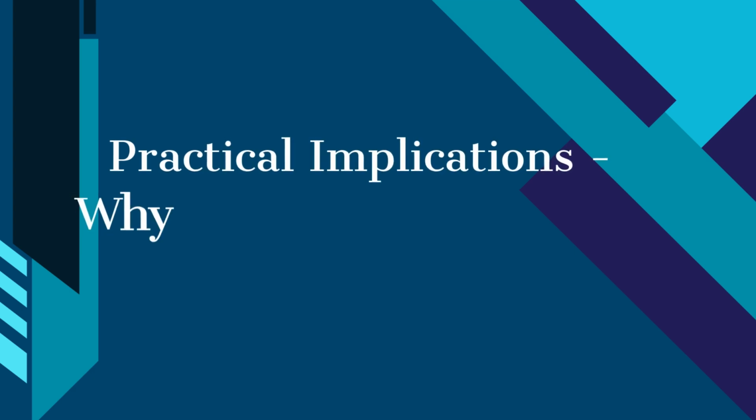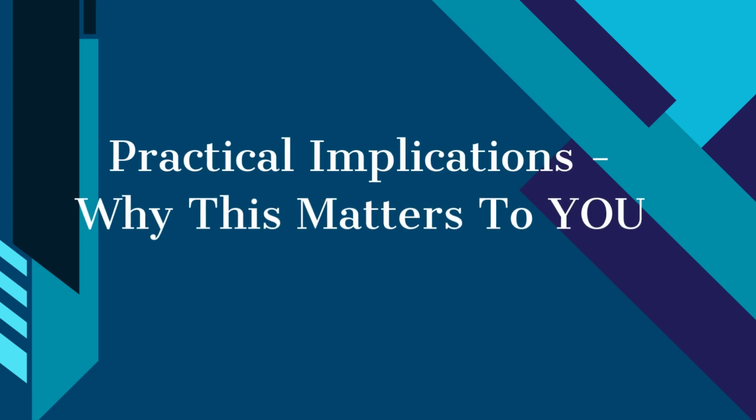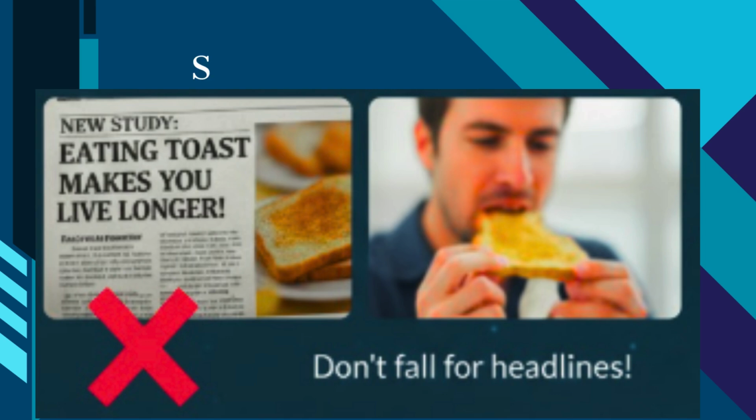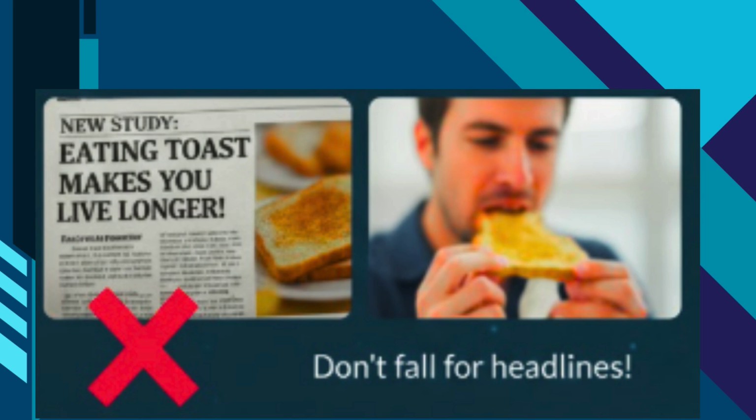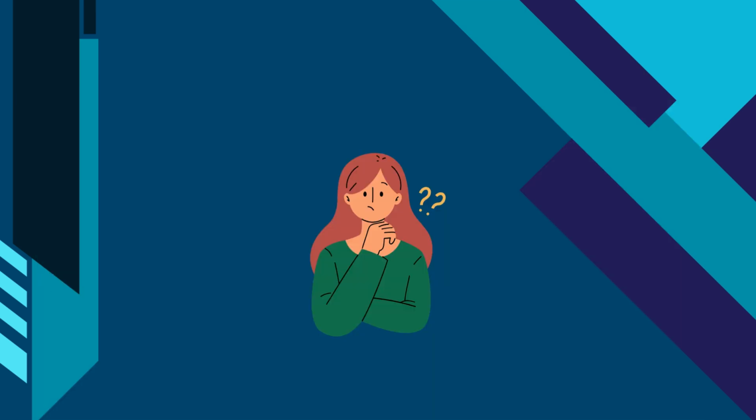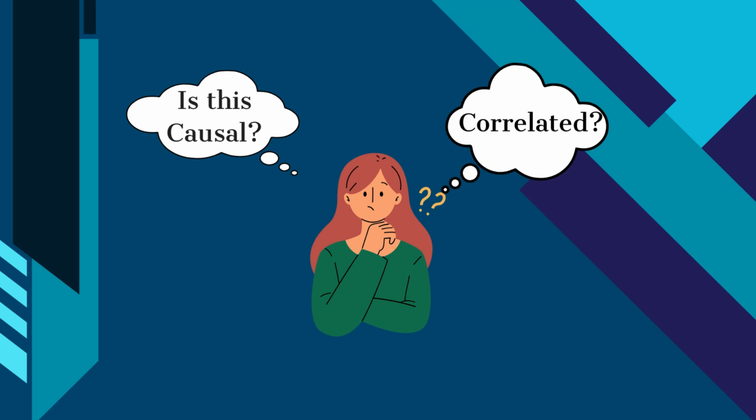So, why should you care about correlation versus causation? It affects your decision making. Don't fall for headlines that scream, new study shows X cures Y, if the study only found correlation. Always ask, is this causal or just correlated? This ability makes you a smarter consumer of information and it empowers you to make informed decisions in every aspect of your life.